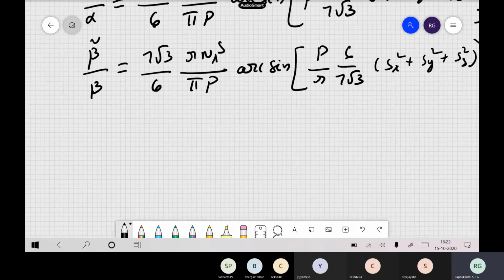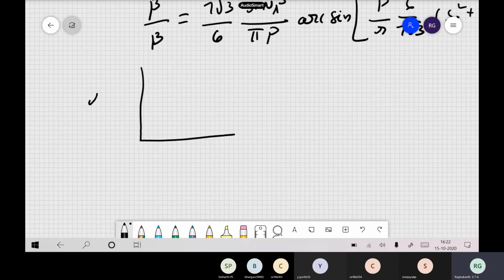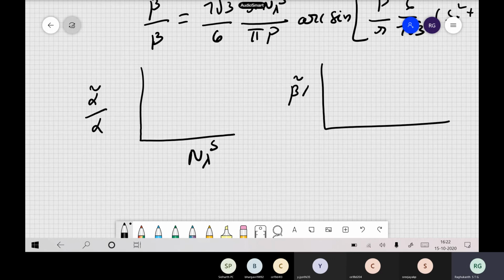Now you can plot these functions, alpha hat by alpha versus N lambda, to see how many sample points are required. And similarly you can plot beta hat with respect to beta versus N lambda.